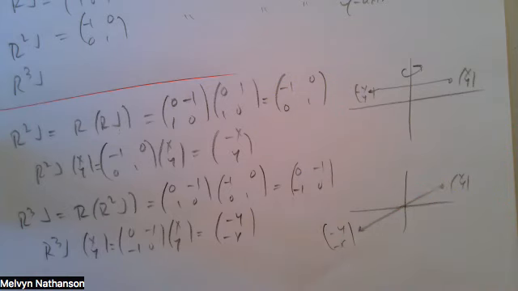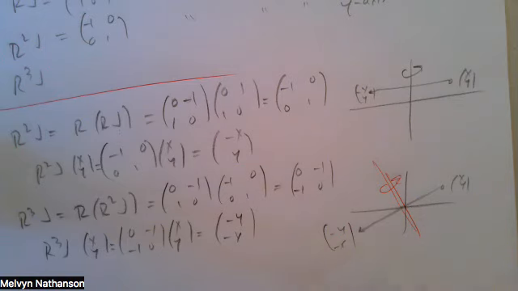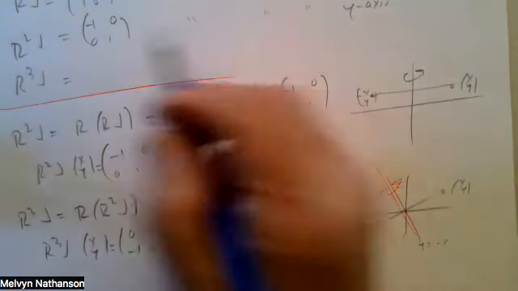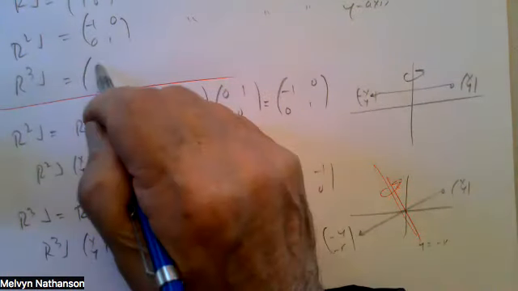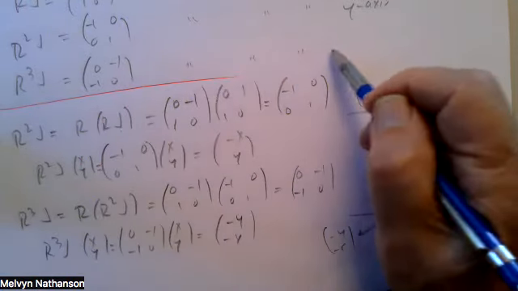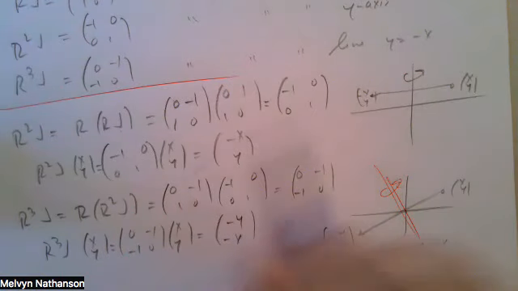That is exactly reflection around the line y equals minus x. So R cubed j, which is the matrix 0, minus 1, minus 1, 0, is reflection through the line y equals minus x.